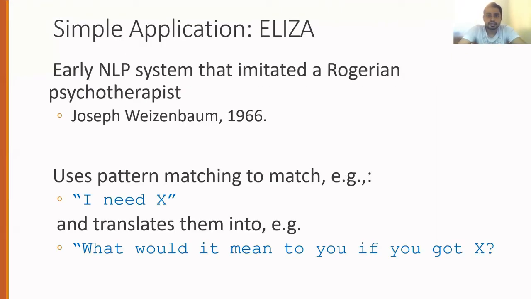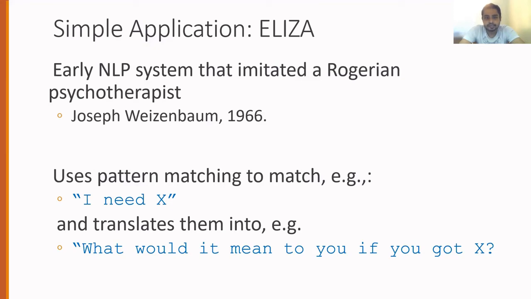Now let's look at the example of Eliza. Substitutions and capture groups are very useful in implementing simple chatbots like Eliza. Eliza, one of the most important historical NLP systems, was created by pioneering AI researcher Joseph Weizenbaum in 1966, and simulates a Rogerian psychologist, a kind of therapist who emphasizes mirroring back what they hear.